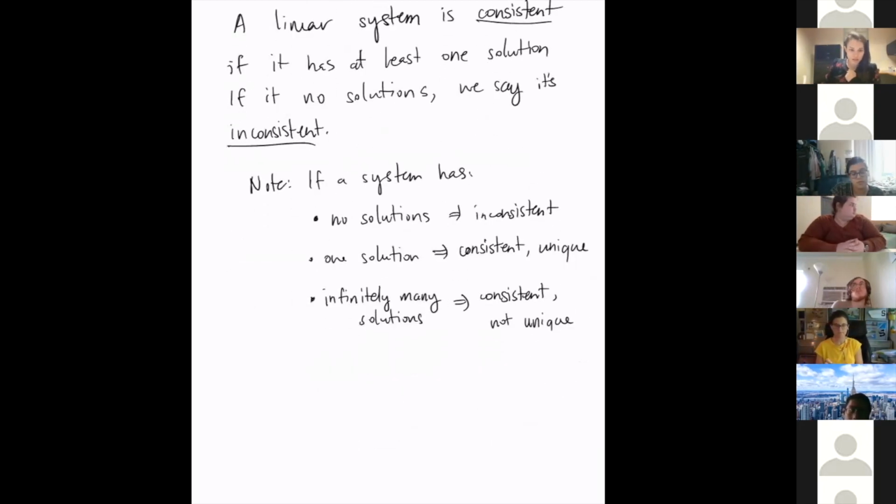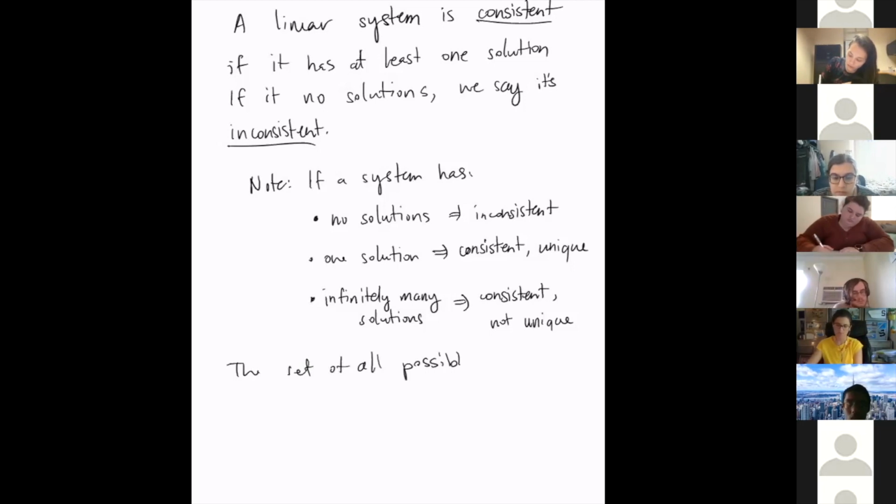Okay, and then I think two more definitions. How are we doing on time? Okay, fine. The set of all possible solutions of a system is called the solution set.